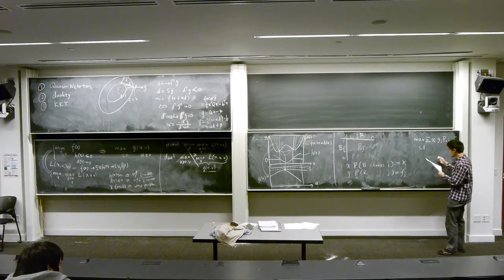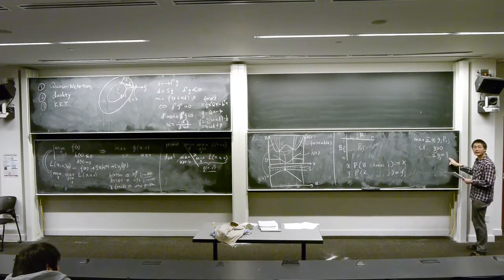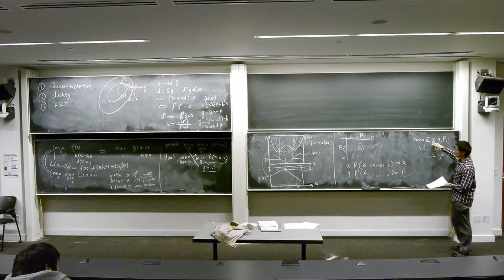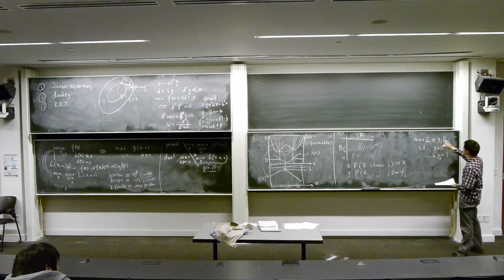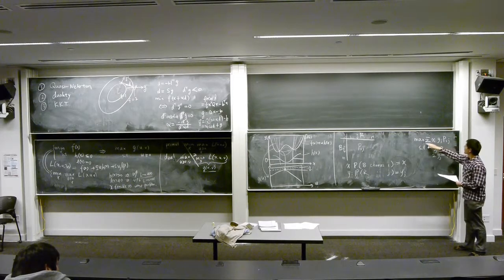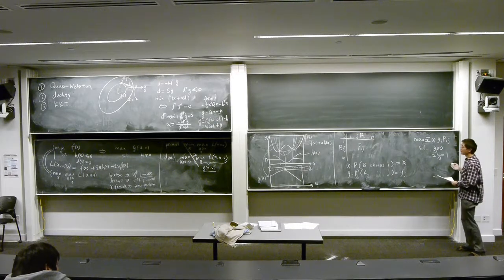So y_j has to be greater than or equal to 0, and the sum of y_j equals 1. That is the reward for Ryan.